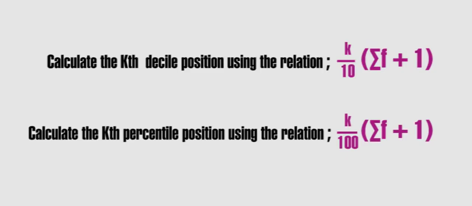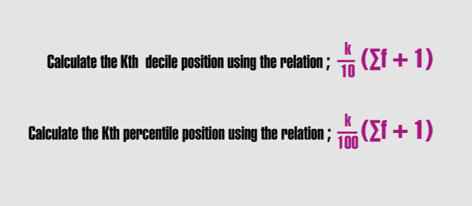A decile is 1/10. So if I have the kth decile, it means k over 10 times the total frequency. If I have the kth percentile, that will be k over 100 times total frequency. Oh, it's as simple as that.